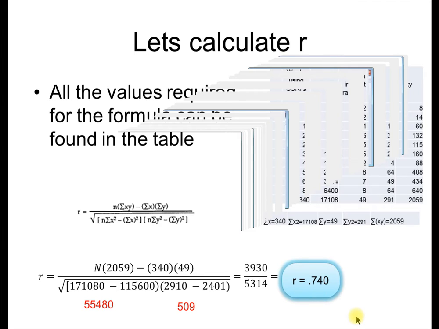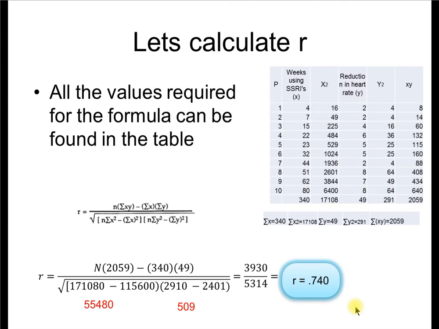Now, remember, the closer a correlation is to 1, the stronger it is. So this looks pretty strong. This looks like our study, which in this case was the number of weeks using SSRIs and the reduction in heart rate, is significant. There is a relationship, and because it is a plus number and not a minus number, there is a positive correlation.